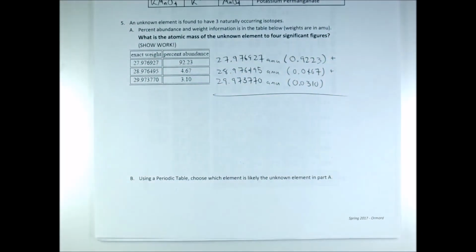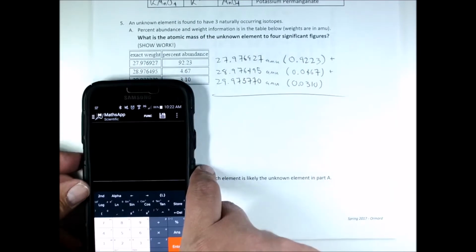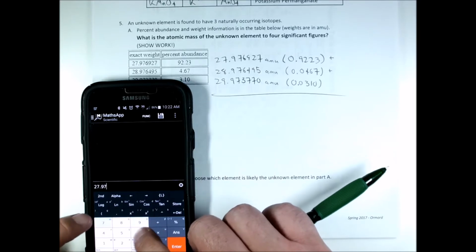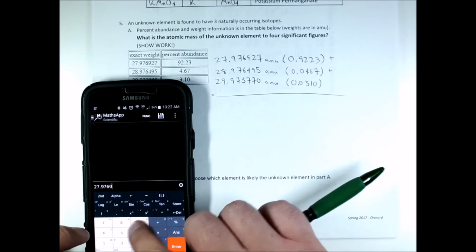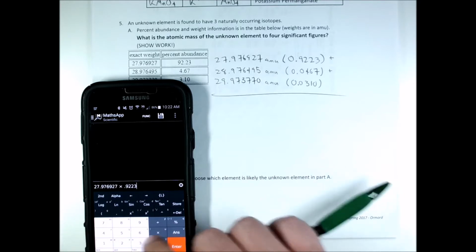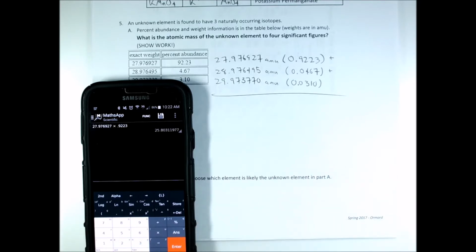And then I recommend when you're working with this in your calculator to just do it all at once, punching in each multiplication one at a time. So let's go ahead and take a look at how this works out. 27.976927 times 0.9223. I get that.